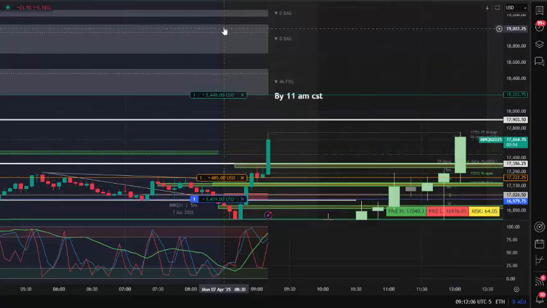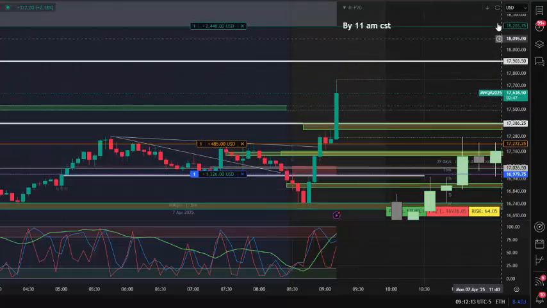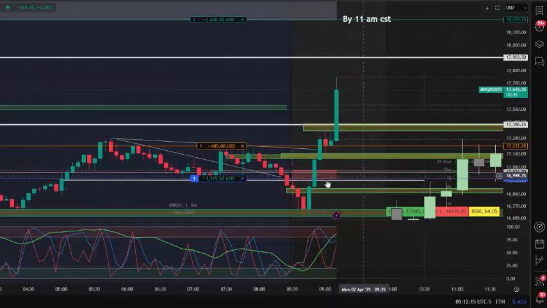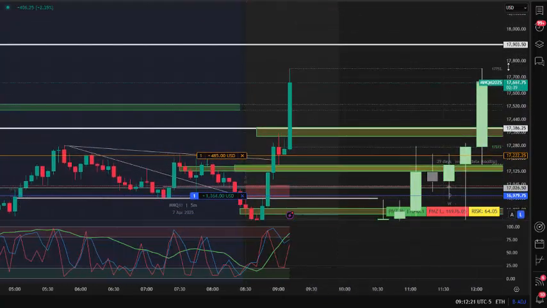Wherever my stop is right here, it doesn't really matter, because I am going to cut this thing off if I start seeing any negativity that I feel like threatens taking in our money, because we're up over $1,300, $1,400 right here.